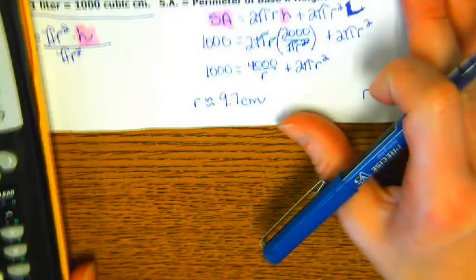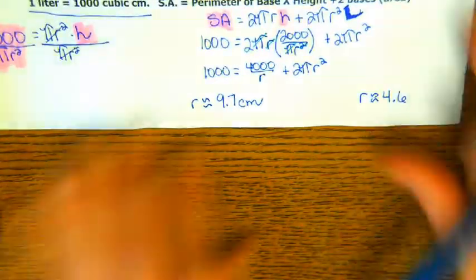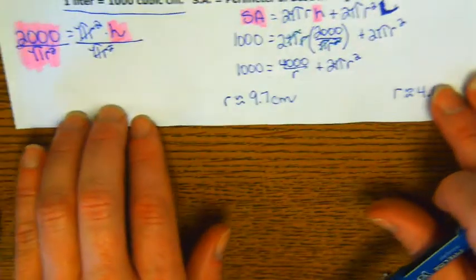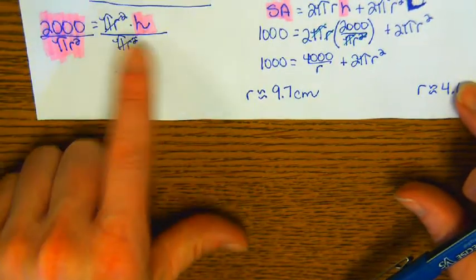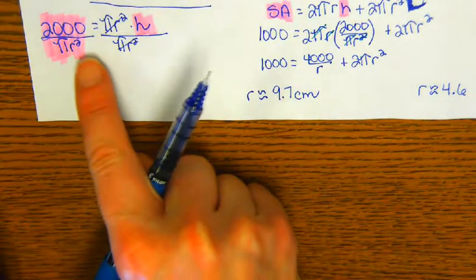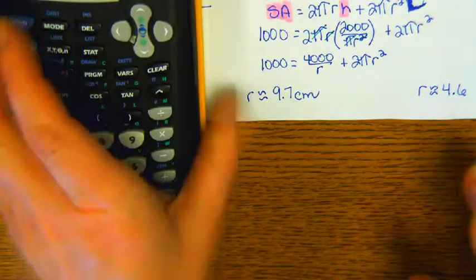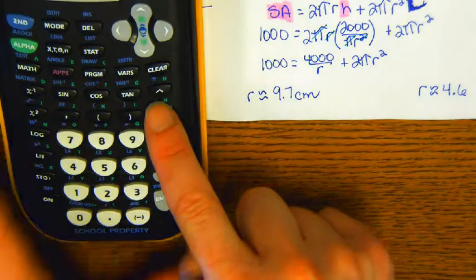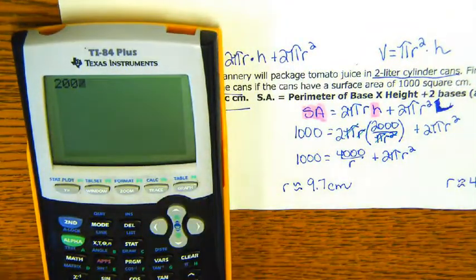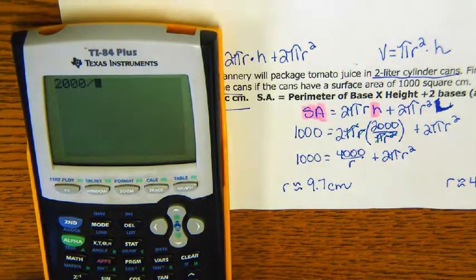So there's two answers. Can somebody tell me how do I find the height that goes with them? Yeah, let's just plug it back in over here. Okay? So I'm going to do 2,000 divided by pi r squared, all in parentheses. So 2,000 divided by, thank you, Bo, pi times 9.7 squared.